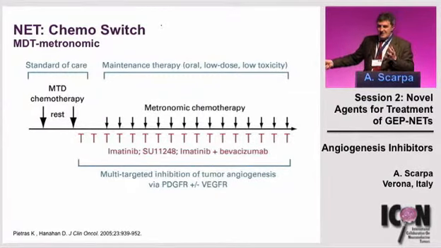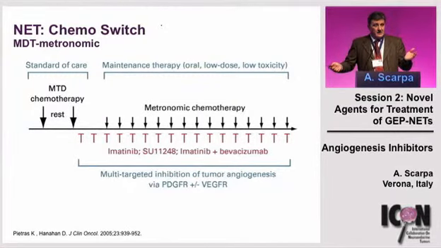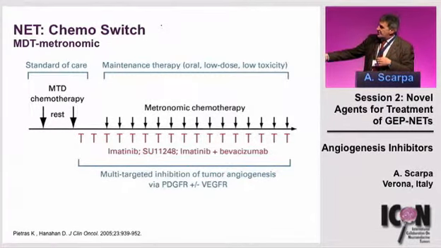The most interesting protocol that may be designed is usually this. You give a maximal tolerated dose, which is a standard chemotherapy, and then with a very small interval, you give a metronomic drug, usually a multi-target inhibitor, as proposed in this study on mice, with very low doses in the metronomic way.